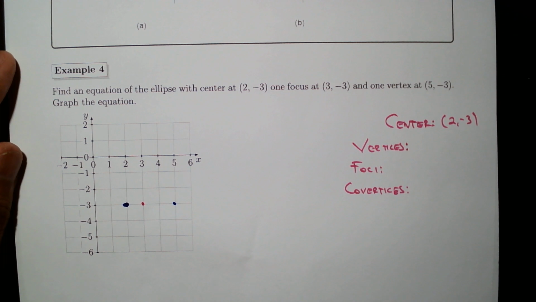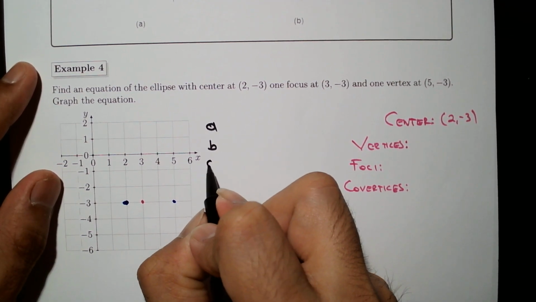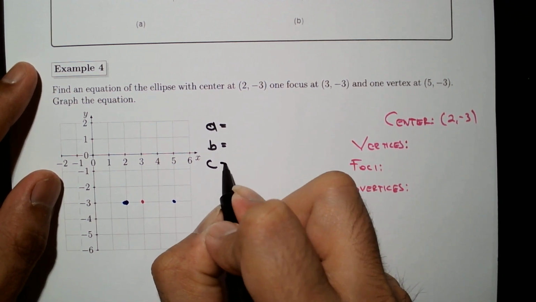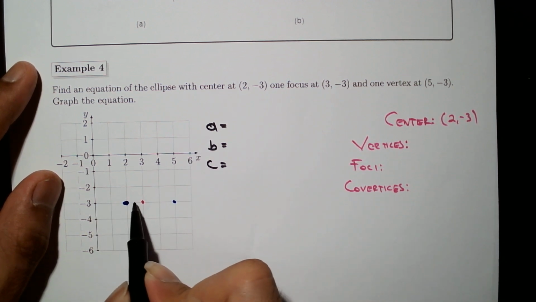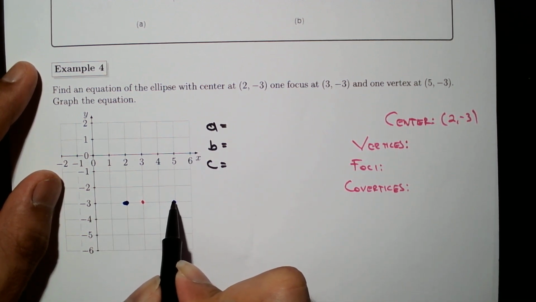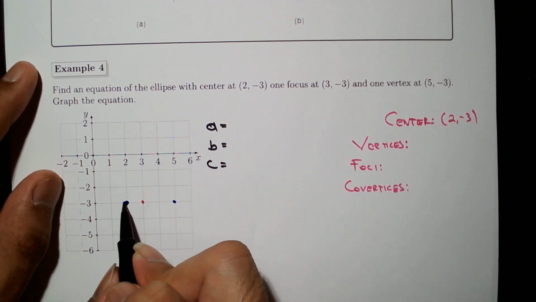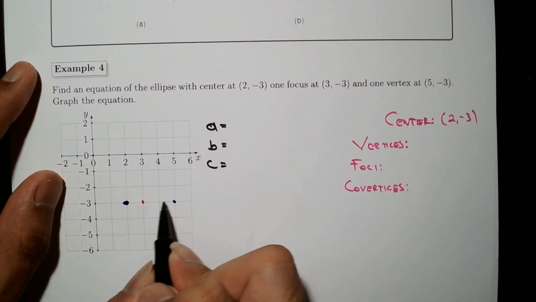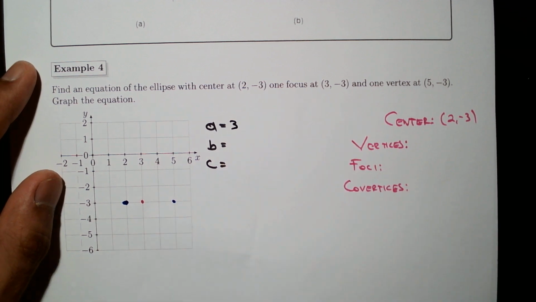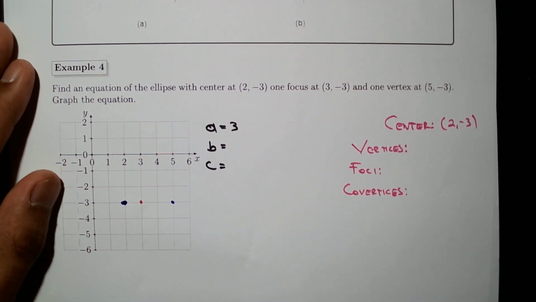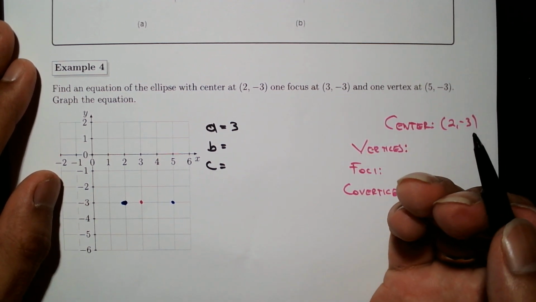All right, so let's get other points. Let's use symmetry, and let's get a, b, and c. Again, a is given by the distance from the center to the vertex, which in this case is at (5, -3). From the center to that point, how many units do we have? 1, 2, 3 units. b will be the distance from the center to the co-vertices, which we don't know.